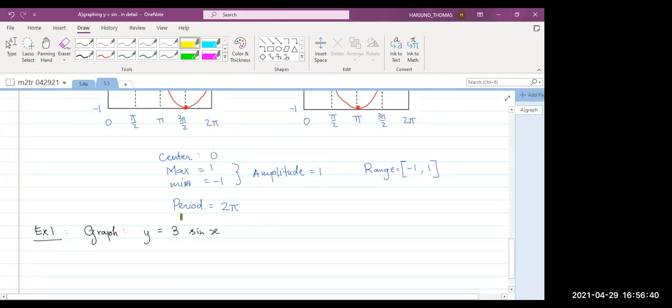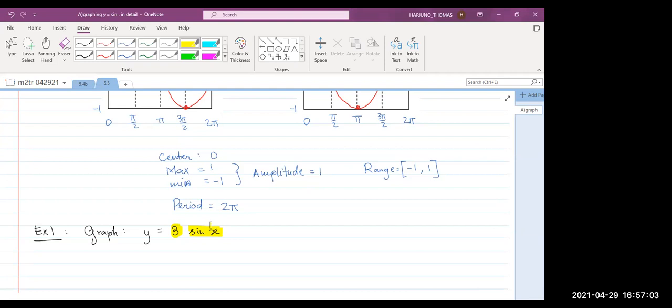Now we learned from our test 1, if you have 3 in front of the function, you basically stretch the graph vertically by a factor of 3. You stretch that by a factor of 3.